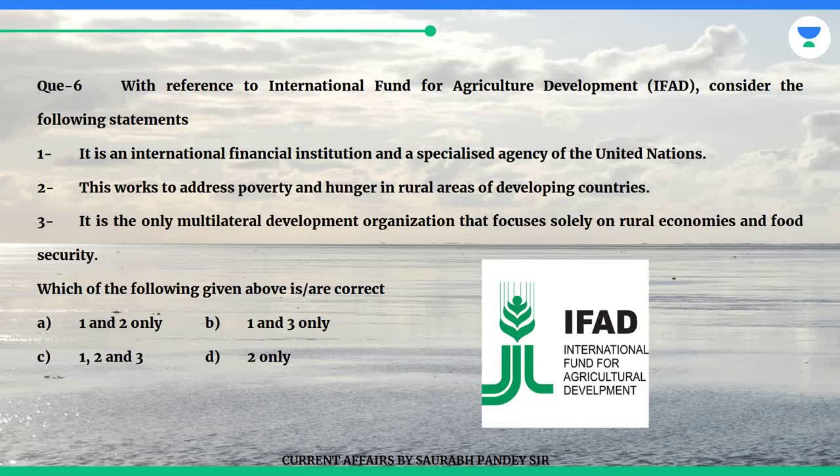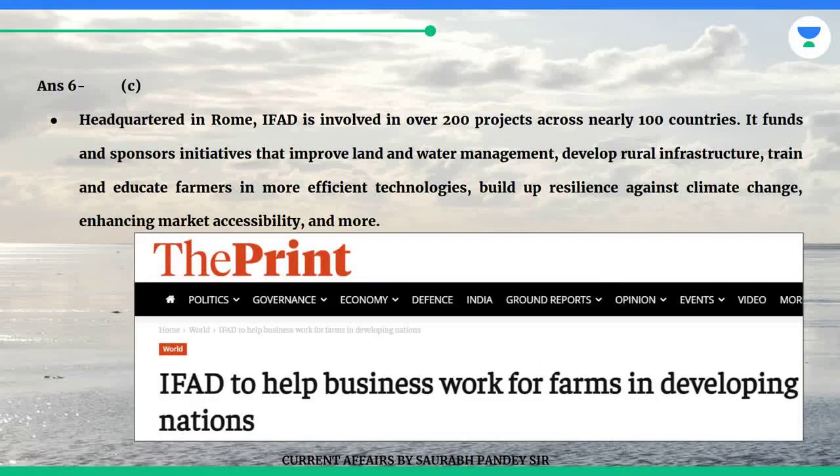It is the only multilateral development organization that focuses solely on rural economies and food security. Which of the following given above are correct? A. 1 and 2 only. B. 1 and 3 only. C. 1, 2 and 3. D. 2 only. Answer is C.